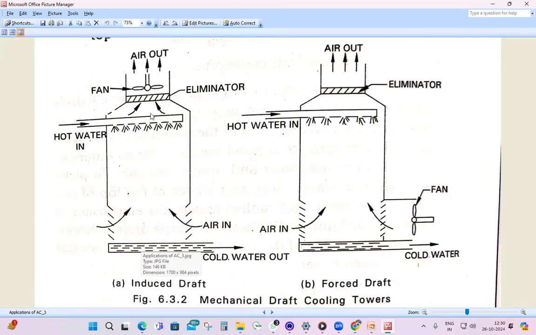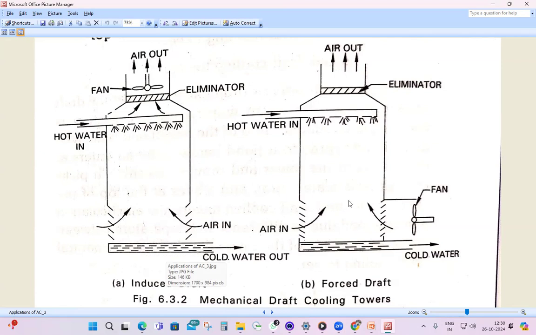The air finally leaves from the top and the water is collected at the bottom. So this is a type of mechanical draft cooling tower, and here the airflow is taking place due to the creation of vacuum in the cooling tower.